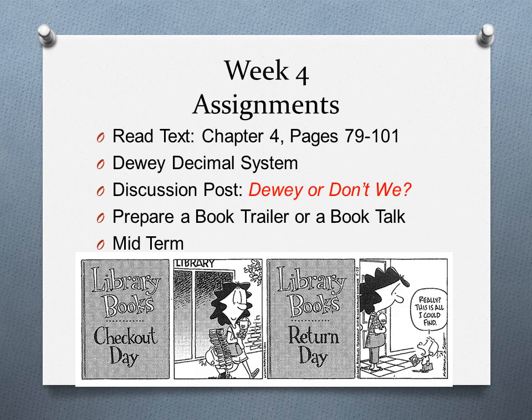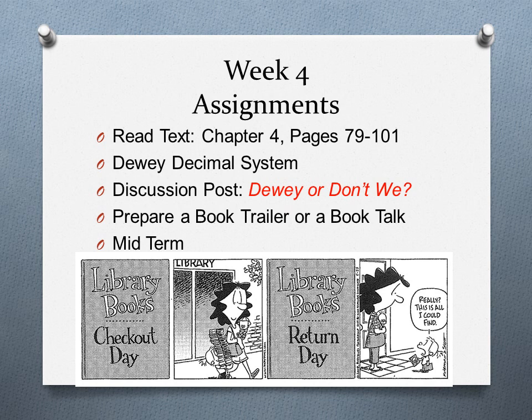The assignments for Week 4 include reading in the text, reviewing the Dewey Decimal System, submitting a Dewey discussion post, a brief Dewey worksheet, and preparing a book trailer or video book talk about a relevant book aimed at elementary, middle, or high school.